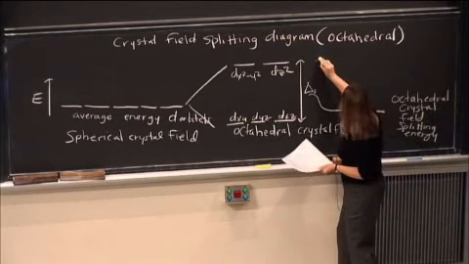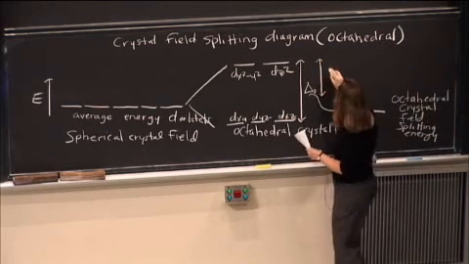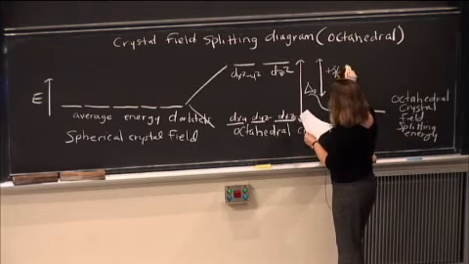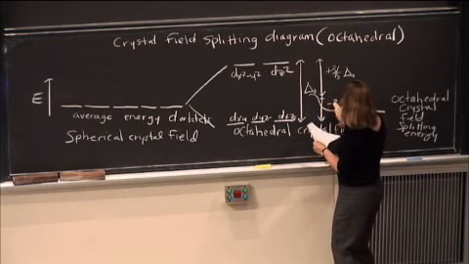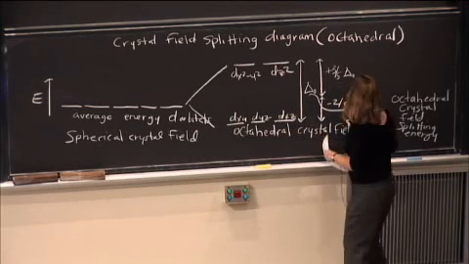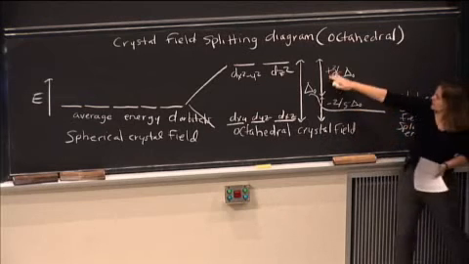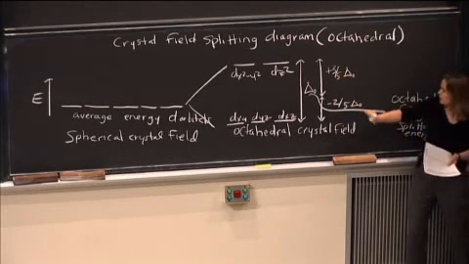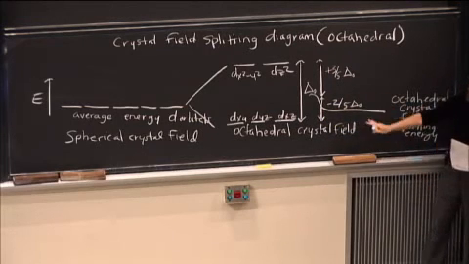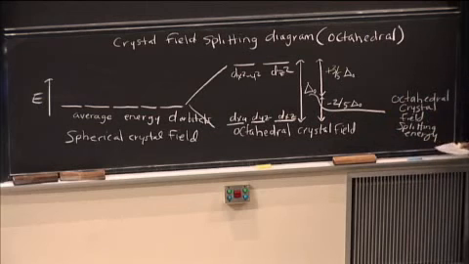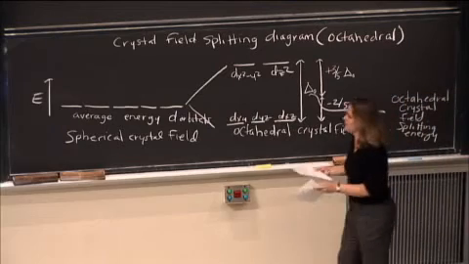So if 2 orbitals go up in energy and 3 go down in energy, then to have everything add up, you can say that the 2 go up in energy by 3/5, and these 3 orbitals are going to go down by 2/5. So overall, the energy of the system is maintained. Okay, so that's a crystal field splitting diagram for an octahedral case. And now let's look at some examples of this.